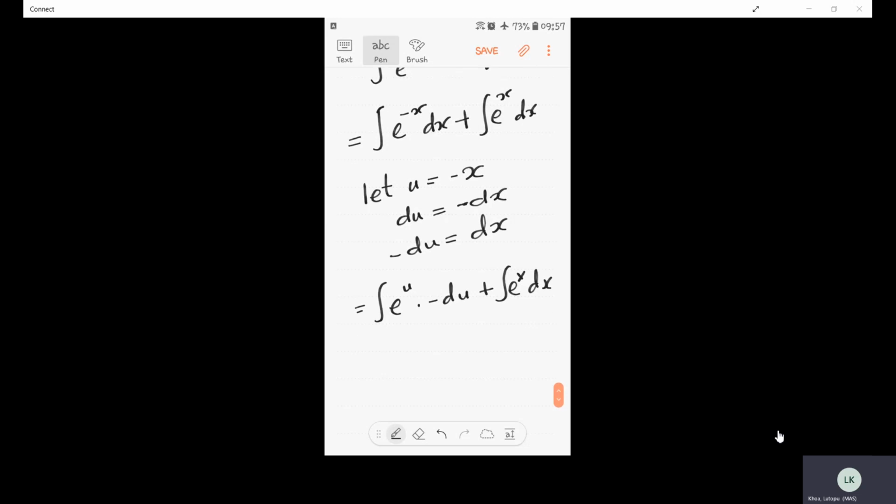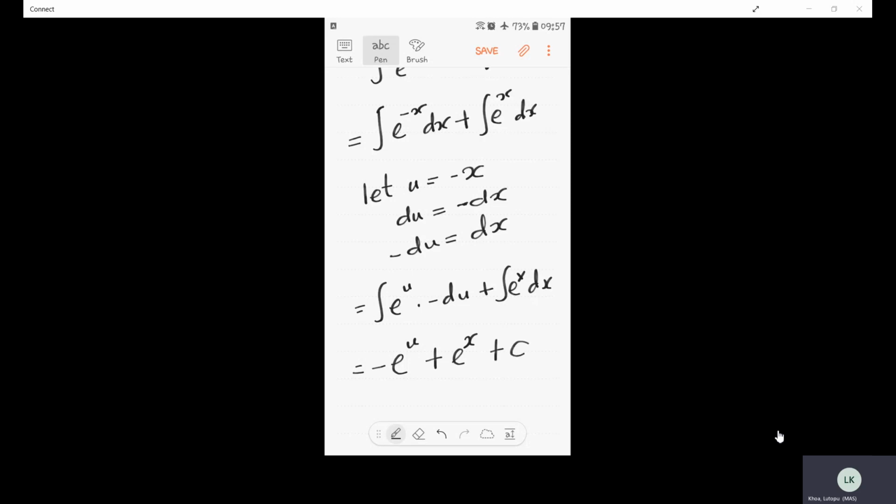Then this is just minus e to the power of u, because when I integrate e to the power of u with respect to u, it doesn't change. And then plus e to the power of x, because when you integrate it, it remains as it is.